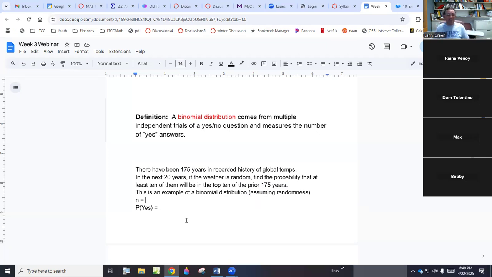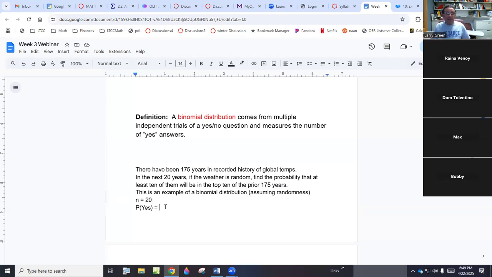So the first thing, let's find N. We're going to be looking at the next 20 years, and each of those 20 years is either going to be in the top 10 or not in the top 10. So N is 20. N, by the way, always stands for sample size. Got it?